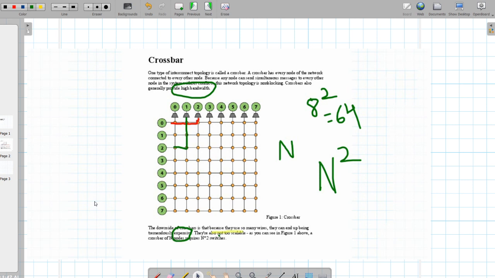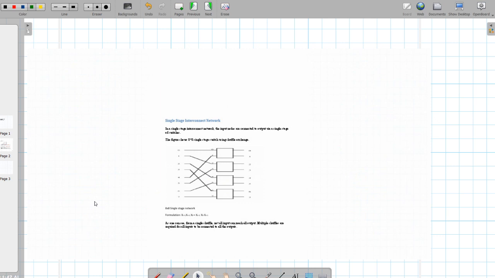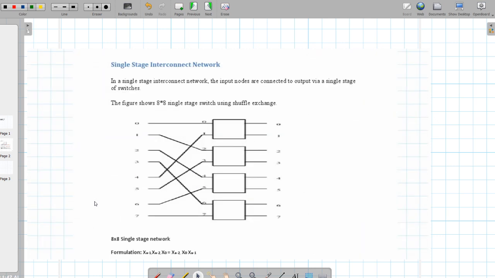Next we move to the shuffle exchange interconnection network. This is basically a single stage interconnection network. Now, what is a stage in an interconnection network?